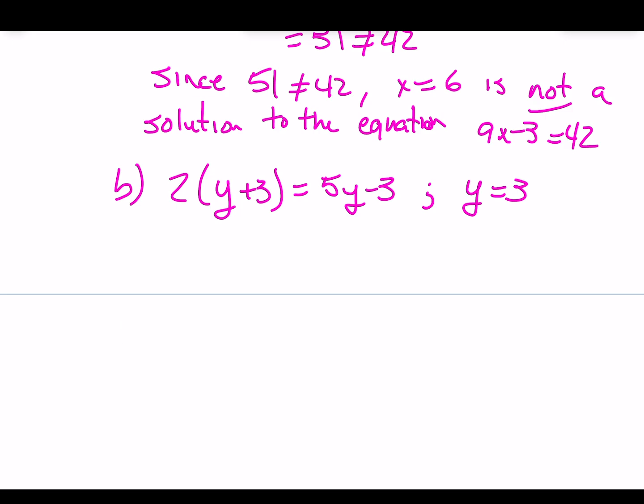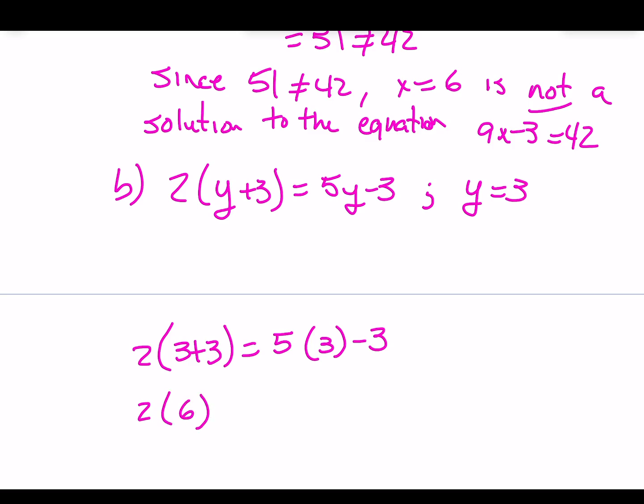So we have 2 times the quantity 3 plus 3 equal to 5 times 3 minus 3. On the left-hand side, we evaluate inside the parentheses. So we have 2 times 3 plus 3, which is 6. On the right-hand side, 5 times 3 is 15 minus 3.